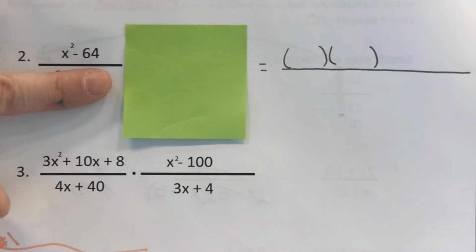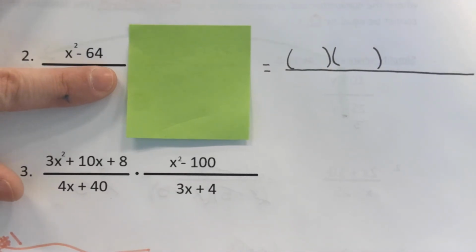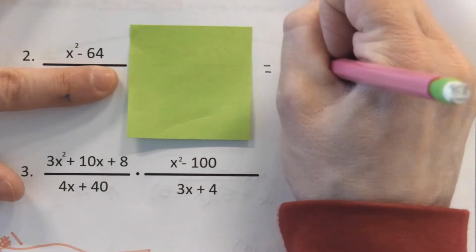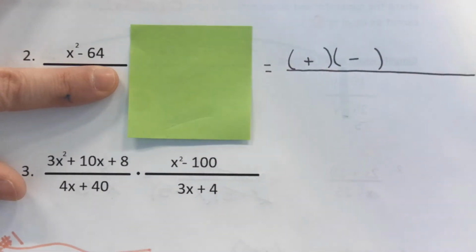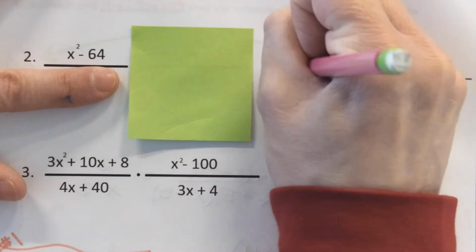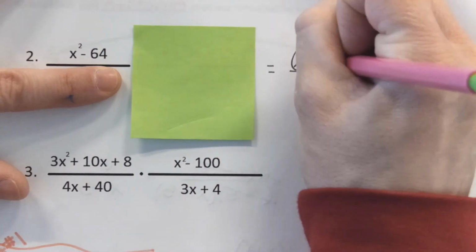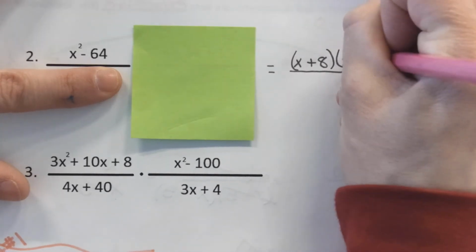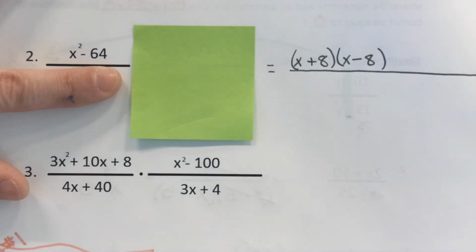I'm also ignoring this. So what signs do I need to put in? Plus, minus. Again, it doesn't matter which one's first, which one's second. Square root of x squared is? Square root of 64 is 8. Okay. Do we feel good that we have factored the numerator of that first thing?